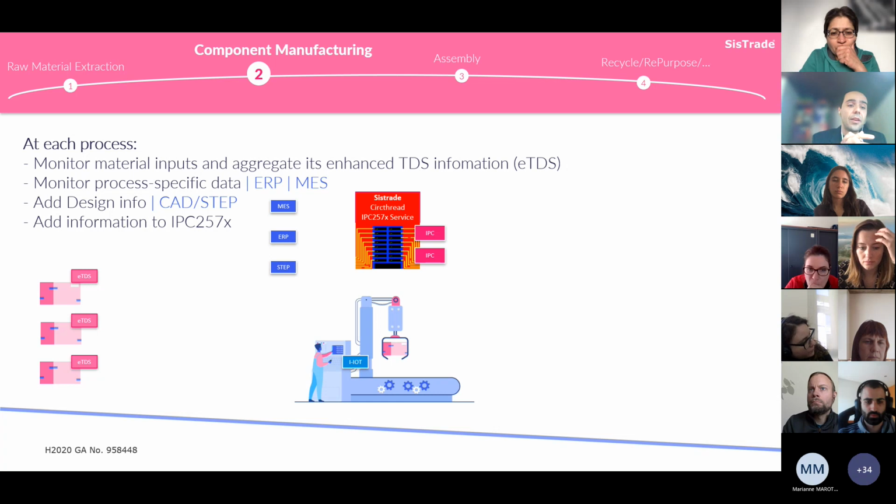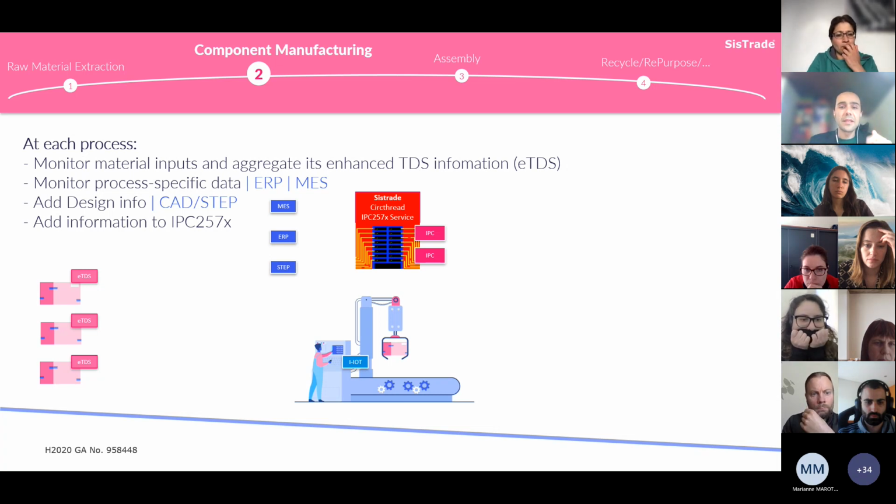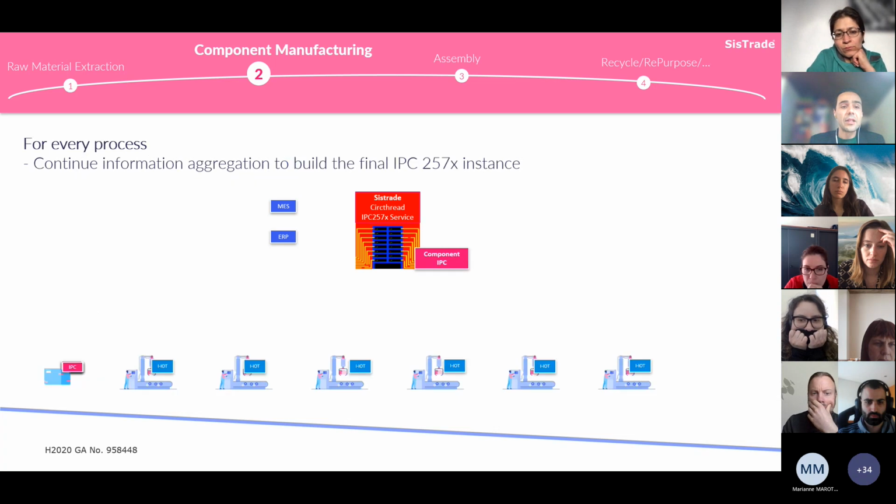We can add the design information if it's pertinent from CAD or STEP formats, and then we will add all that information to the IPC 257X, which is BOM bounded, so it will be bounded to that specific part, and that IPC information will be shipped with the component. And then, I told previously that an iPhone requires 400 assembly steps, and each of the components also goes through several processes.